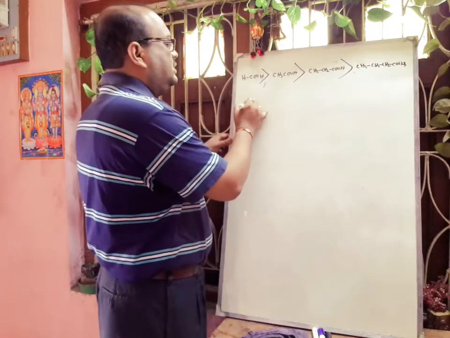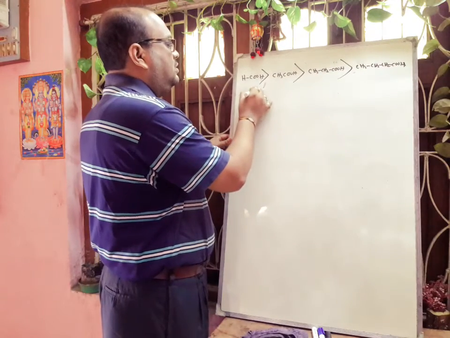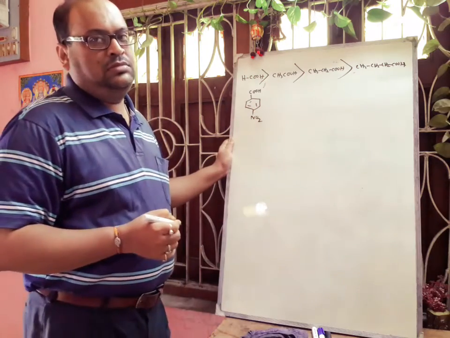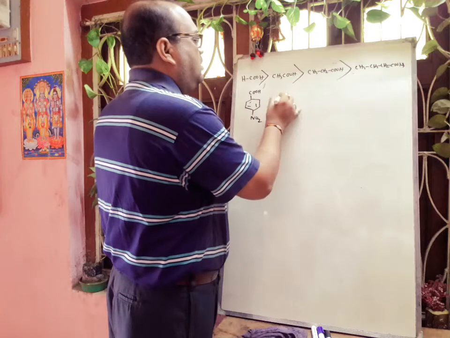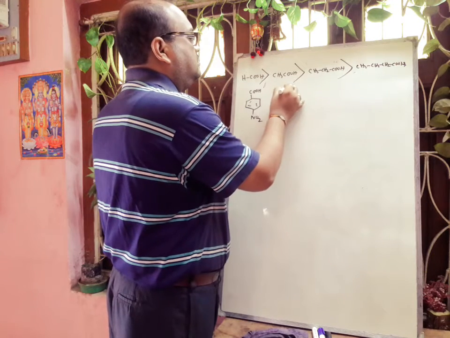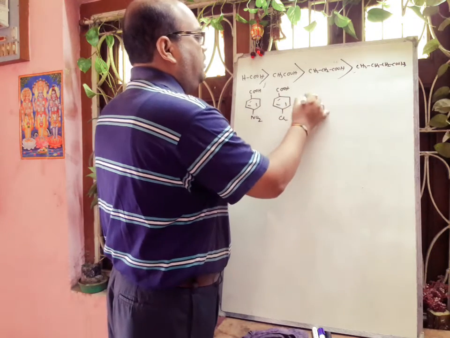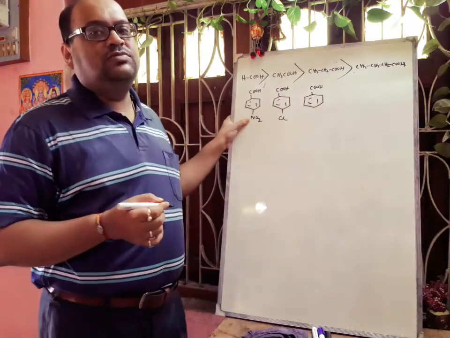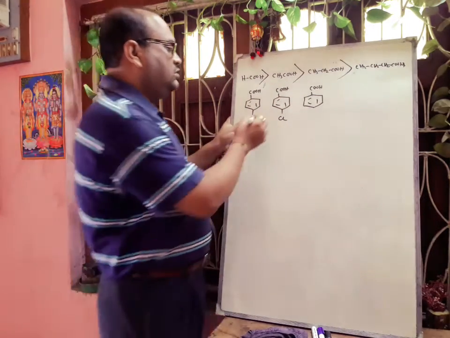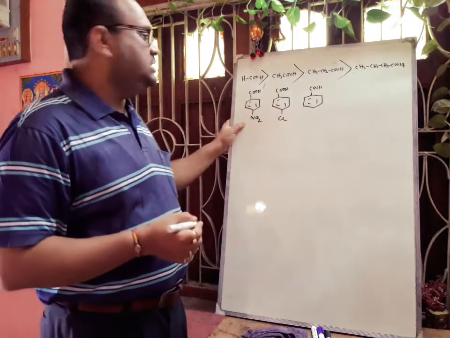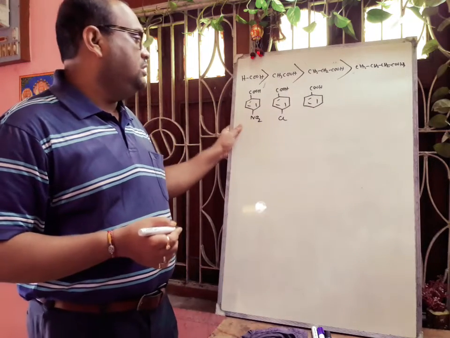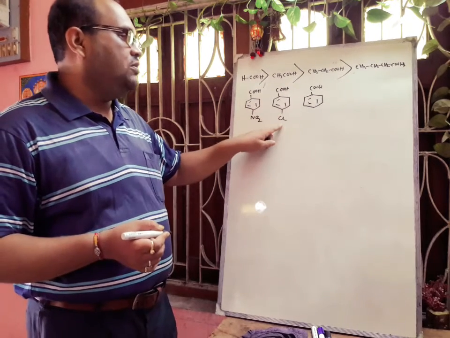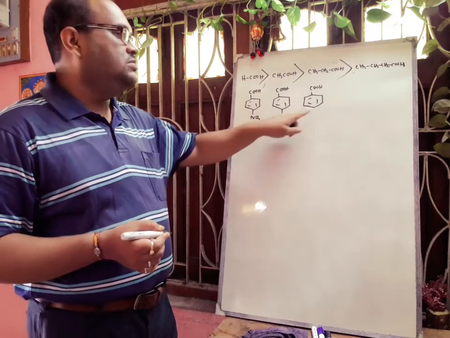If we take para-nitrobenzoic acid and para-chlorobenzoic acid and compare with benzoic acid, then what will happen? In case of nitro, it is more electron withdrawing compared to chlorine. So this para-nitrobenzoic acid is more acidic compared to the para-chloro, and chlorine has a minus I effect also, so it is more acidic than benzoic acid.